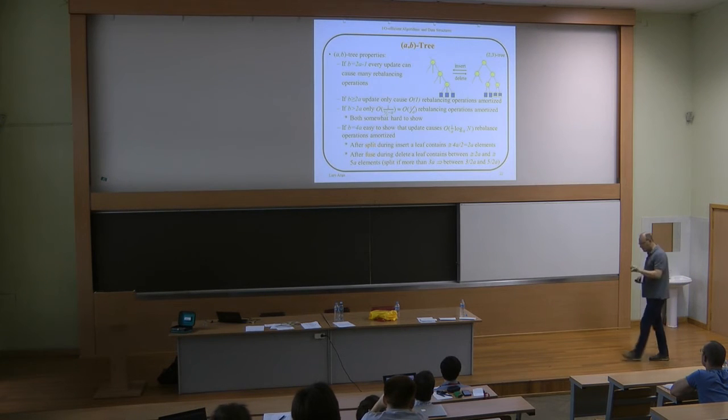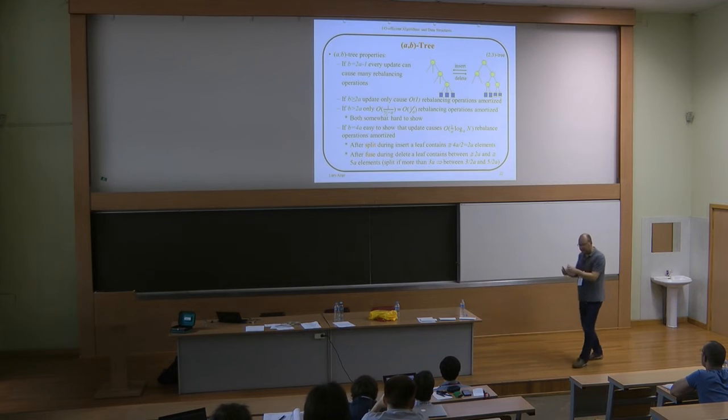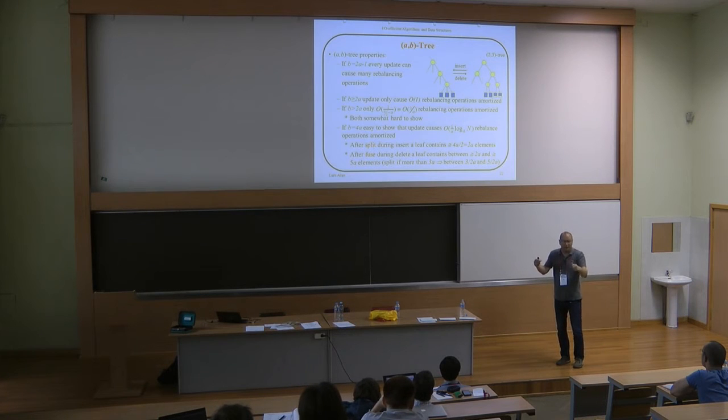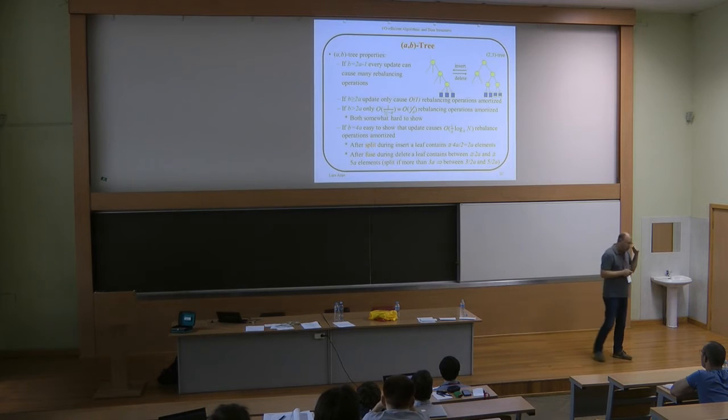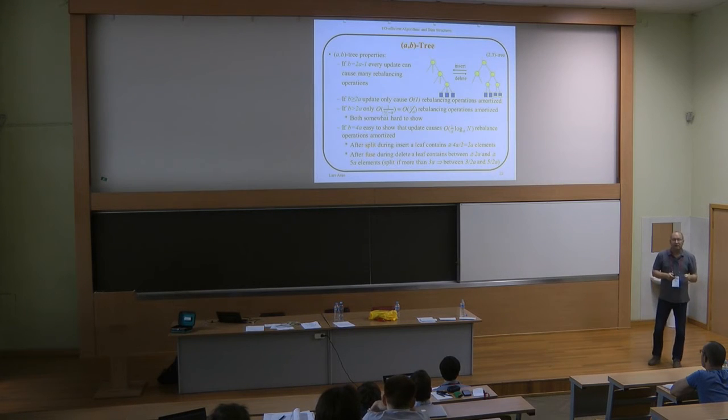Okay, so now I've argued that when I do an insert or delete in a leaf that triggers a split or a fuse, it's going to be a long time until the new leaves can split or fuse again. Should be A insertions or deletions. So that means that if I do n insertions, then I do n over A splits or fuses on the leaves.